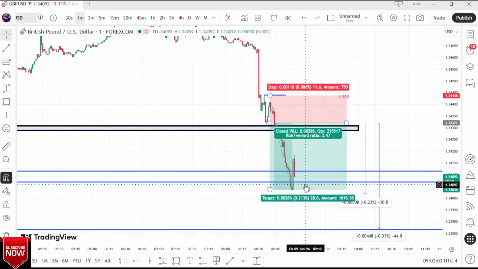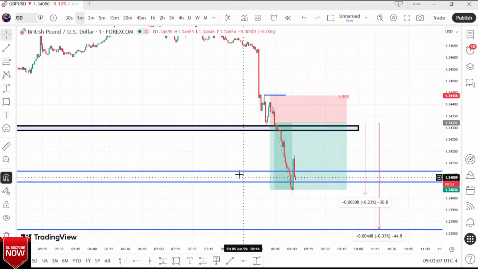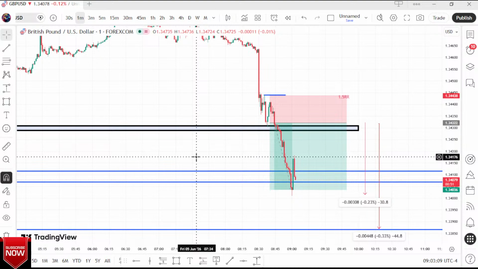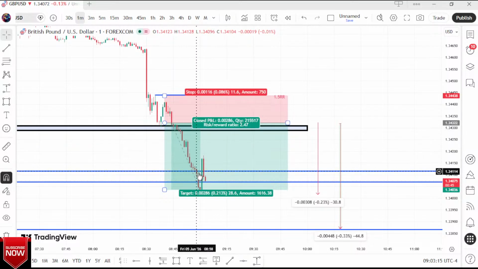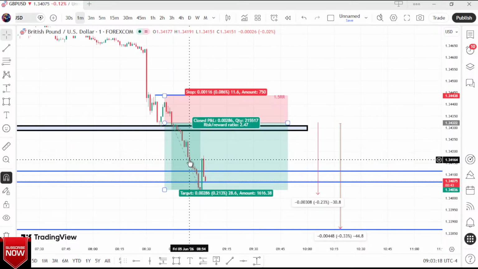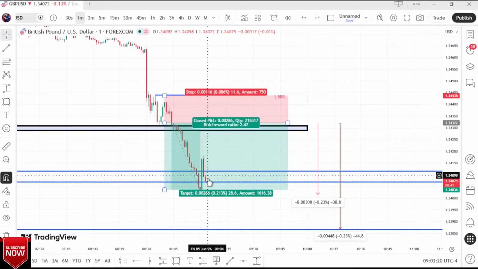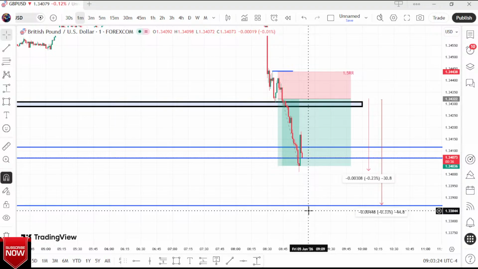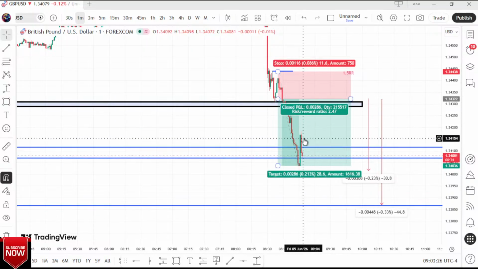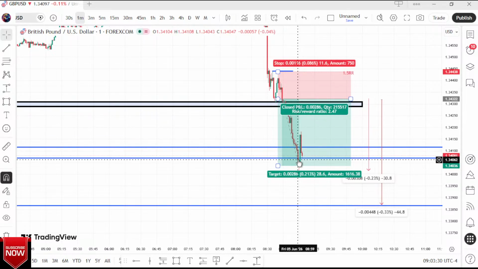You're going to see those. I told you price can come to the sell side liquidity, but you've seen this area will take your first partial. This is the area that will take your first partial.